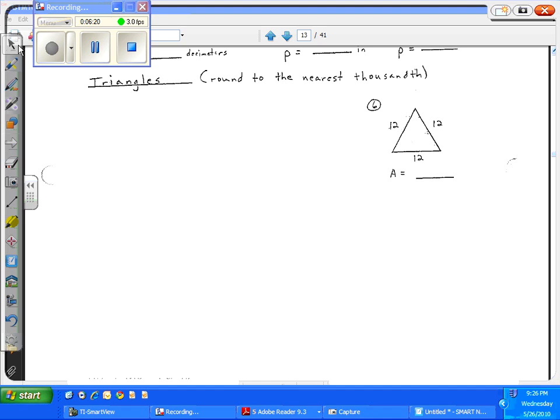We've got a triangle. The formula for area of a triangle is 1/2 base times height. So we get area equal 1/2 times the base, which is 12, times the height, which we don't know. The height is not even drawn, so we would need to draw it. It would be straight down. This is an equilateral triangle.